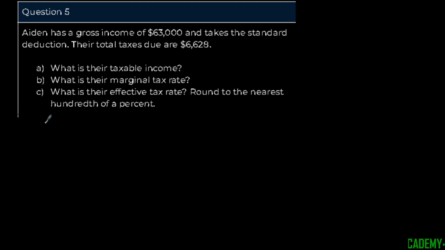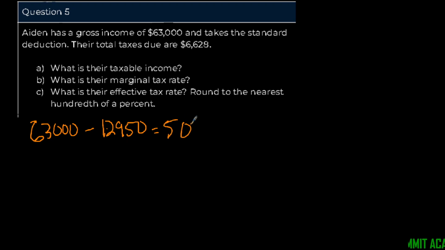We're going to say 63,000 minus the deduction, which is 12,950. So our taxable income is going to be $50,050. So that's going to be part A.